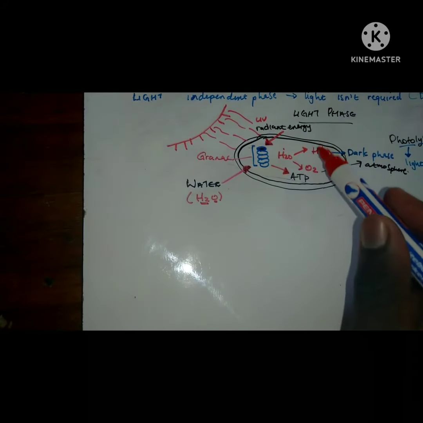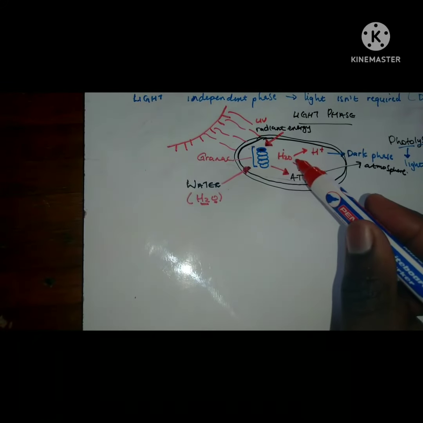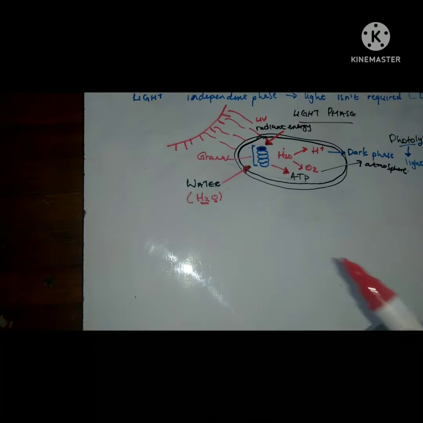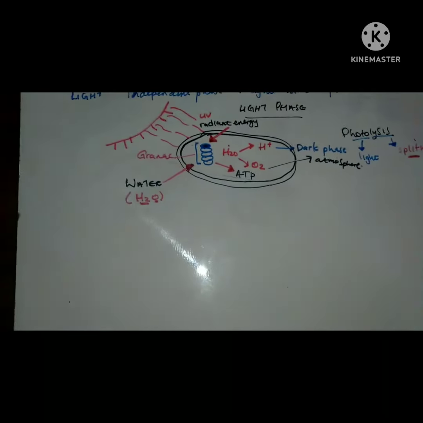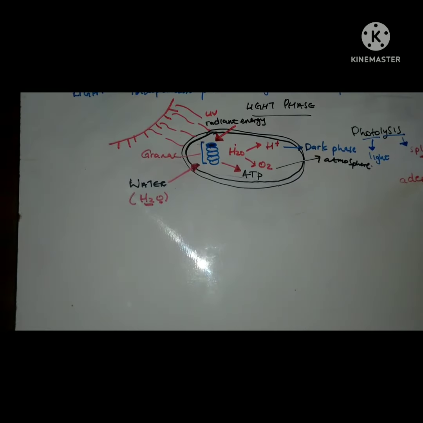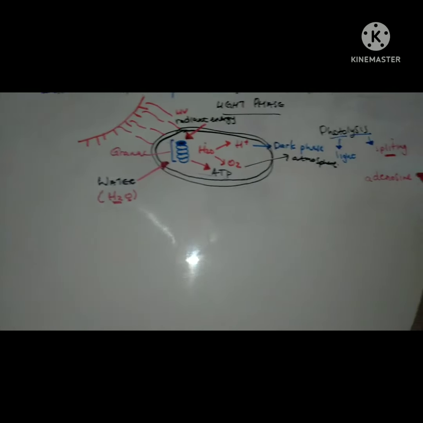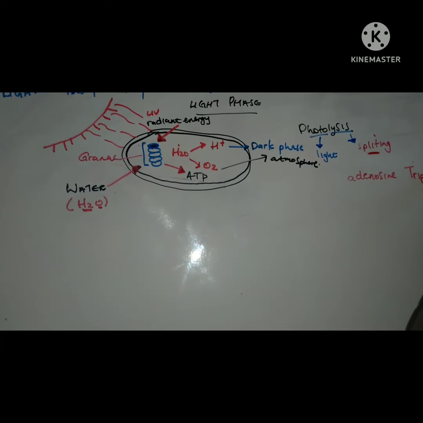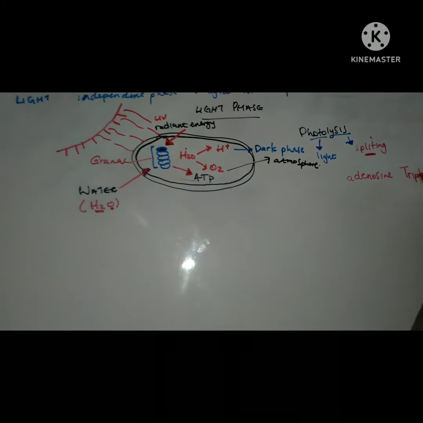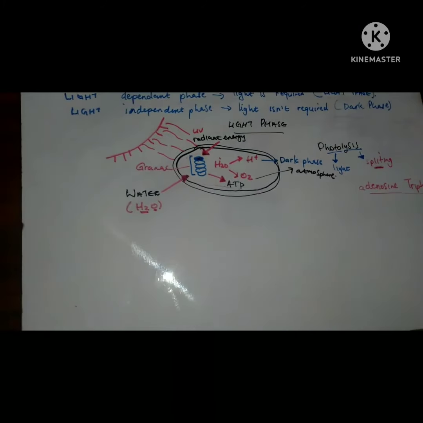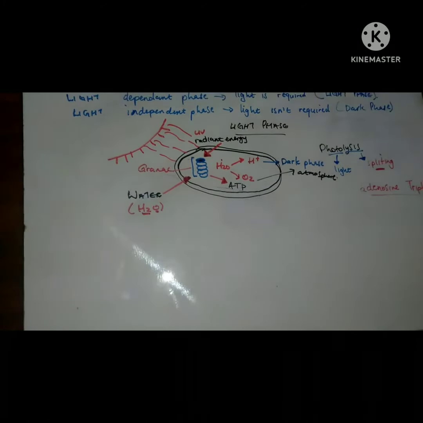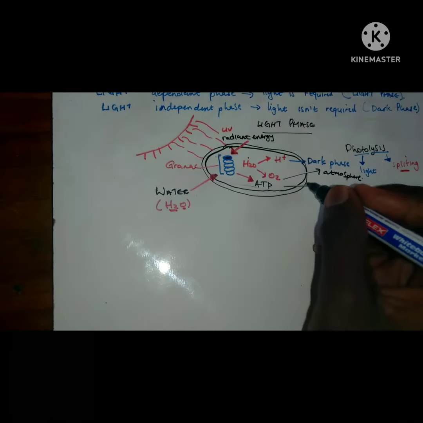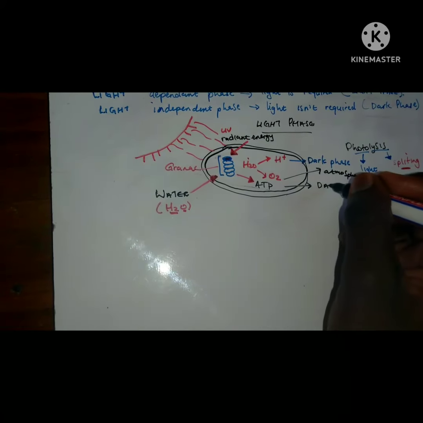We do not only split the hydrogen oxide or the water molecule, but we also create ATP, which is called adenosine triphosphate. So adenosine triphosphate is the same thing as ATP. So ATP is also produced to go to the dark phase.